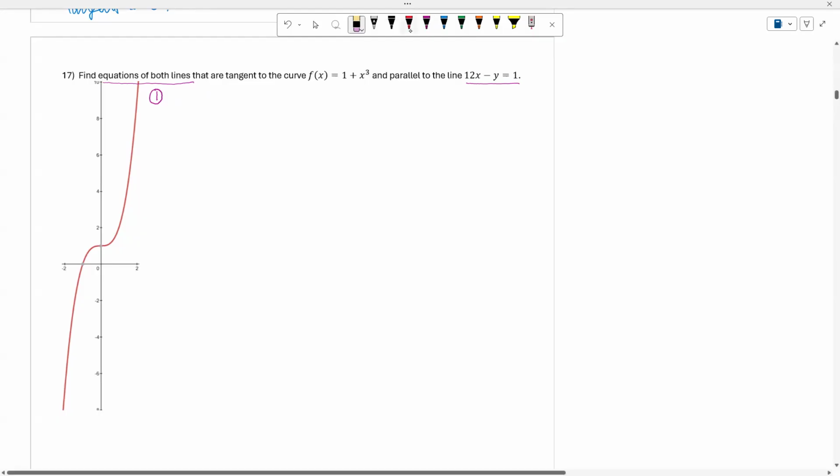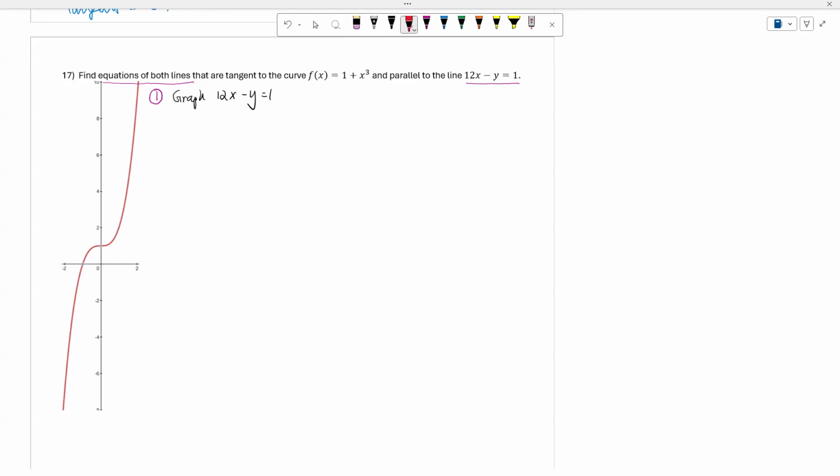I would like to graph 12x minus y equal to 1 on this function right here. Then my first step is I would like to rewrite this into the slope intercept form.